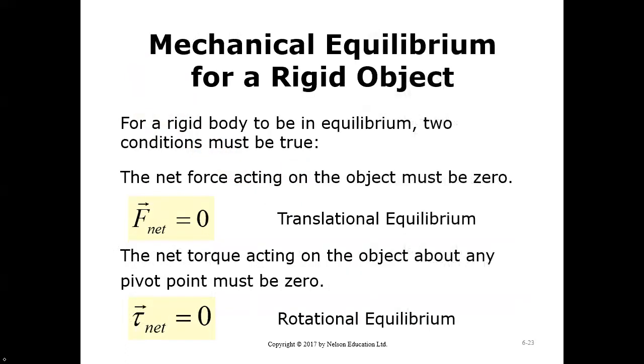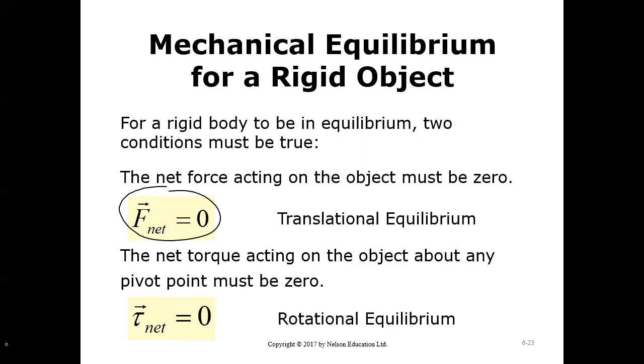Okay, now we are going to do some equilibrium problems again, but this time not for a point object. Now you can break equilibrium because of rotation as well. So to say that net force is equal to 0 is not enough for equilibrium.